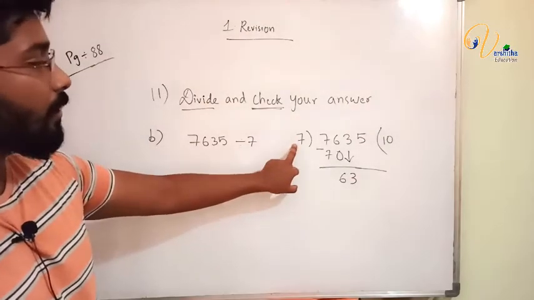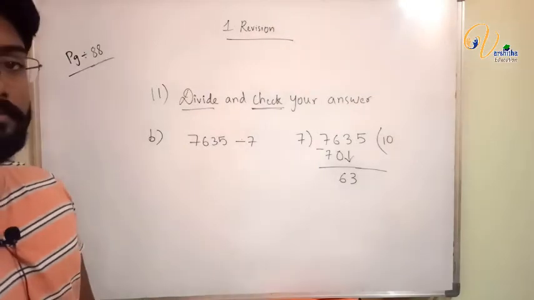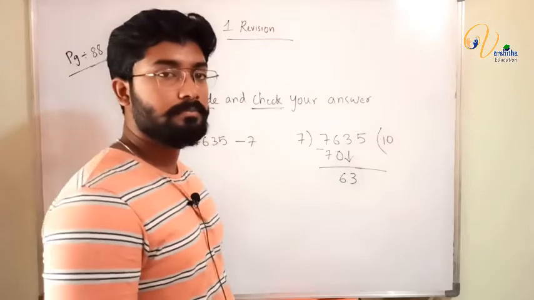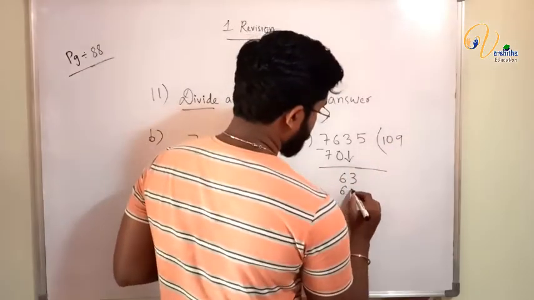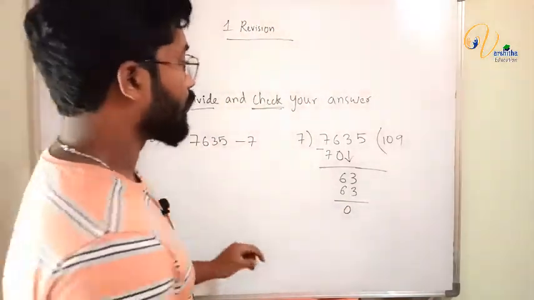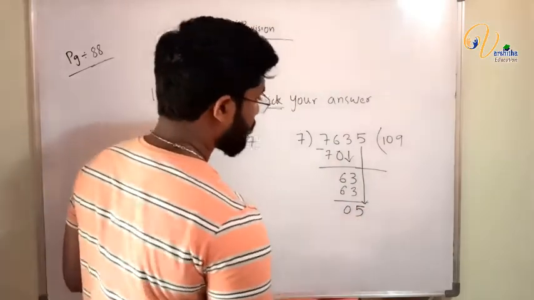In the 7 table, are you going to get 63? Yes, 7 nines are 63. Remainder 0. Bring down 5.